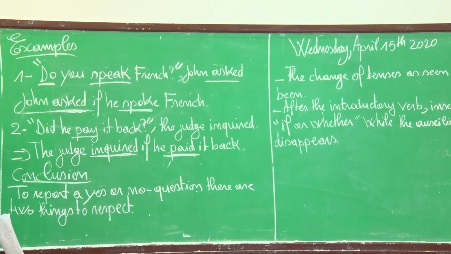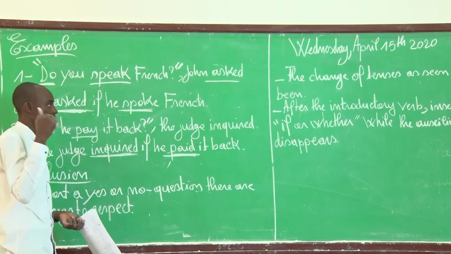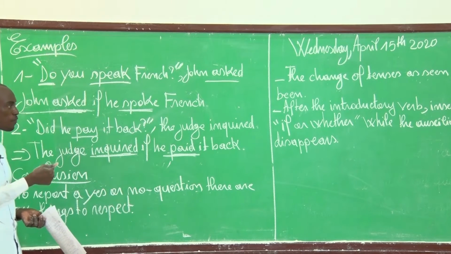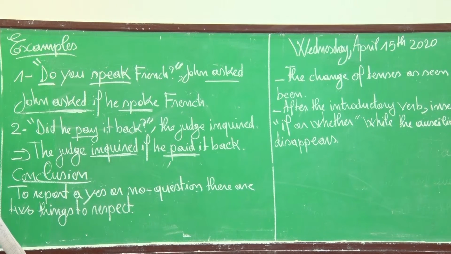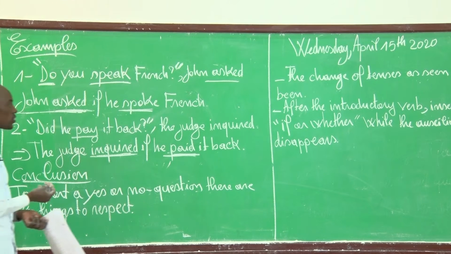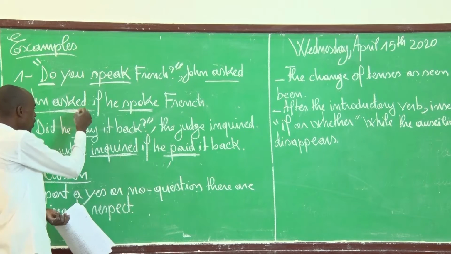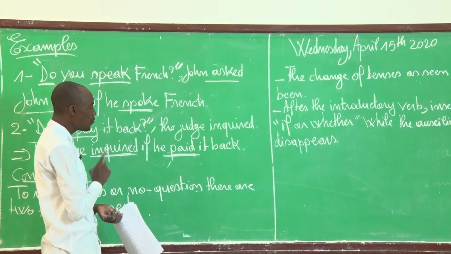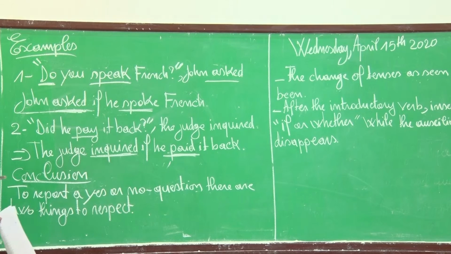Now, the change of tenses, as we have seen previously. We have also, after the introductory verb, insert if or whether. Ici on peut utiliser whether ou encore if. Donc les deux signifient si, as we have said. Good.